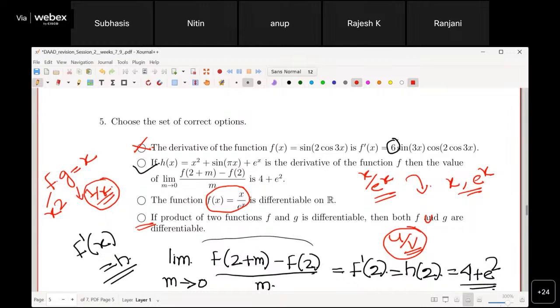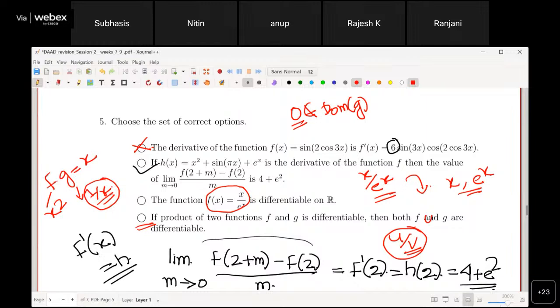So the problem is, there is a difference. See, 0 is not in the domain of g, right? So if it is not in the domain of g, then I can't talk about the differentiability of this function at x equal to 0. I can talk about continuity and differentiability of a function at a point only if that point is inside the domain of the function.